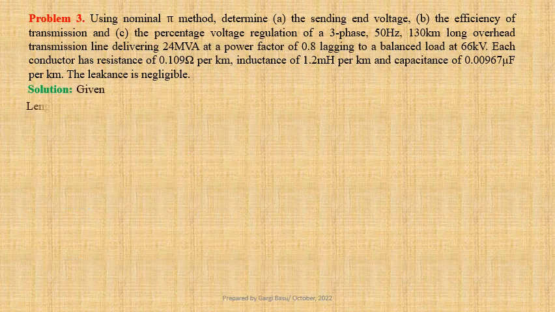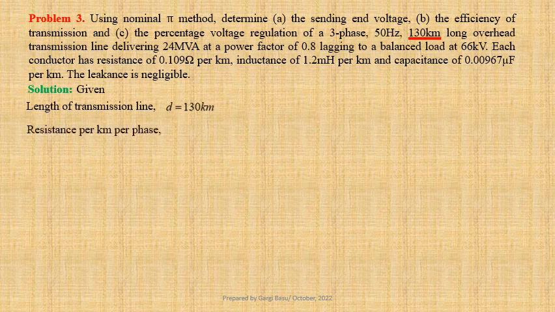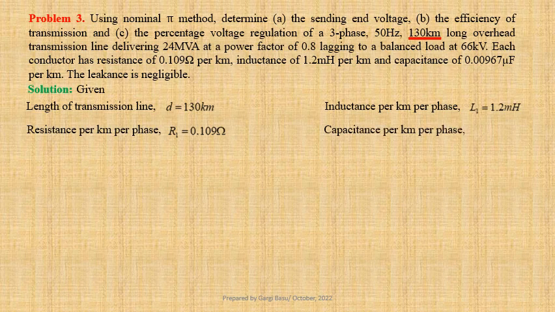Given length of the transmission line D equals 130 kilometers, resistance per kilometer per phase R1 equals 0.109 ohm, inductance per kilometer per phase L1 equals 1.2 millihenry, and capacitance per kilometer per phase C1 equals 0.00967 microfarad.